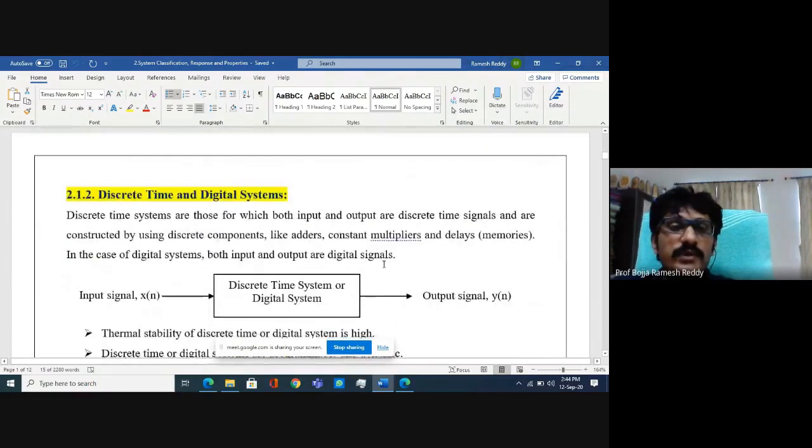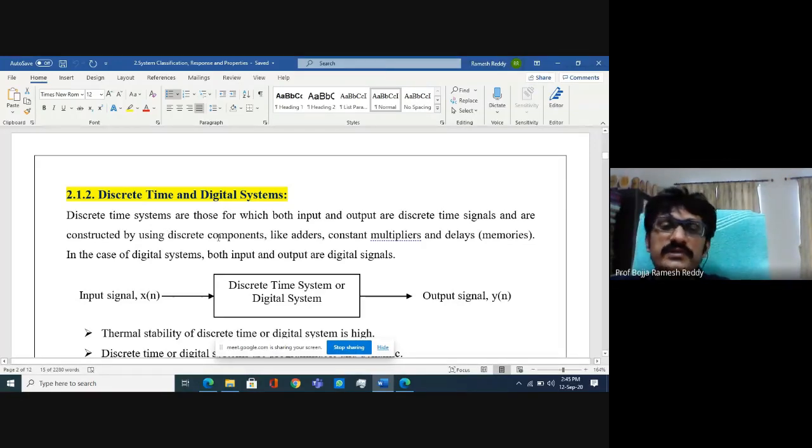Okay. Then coming to discrete time systems or digital systems, there are so many drawbacks under continuous time systems. To overcome those drawbacks, you can always go for discrete time systems. Discrete time systems are those for which both input and output are discrete time signals, and they are constructed or designed by using discrete components. Analog systems are constructed by analog components like resistors, capacitors, inductors.